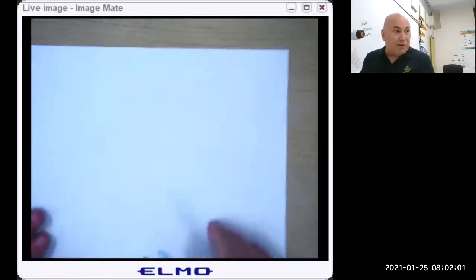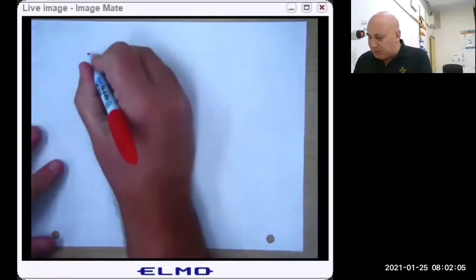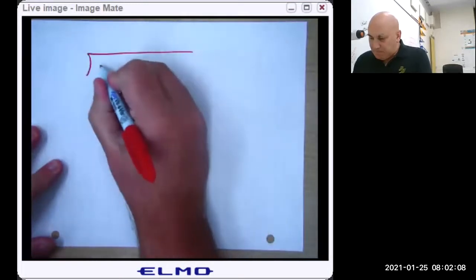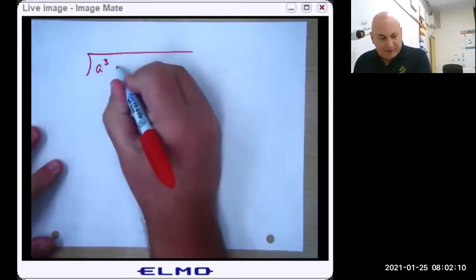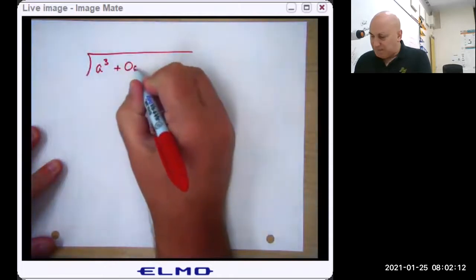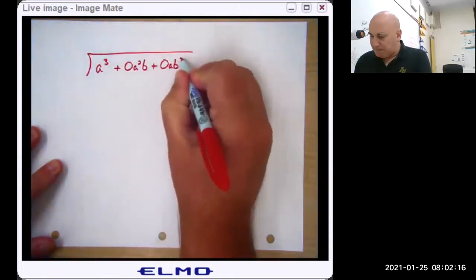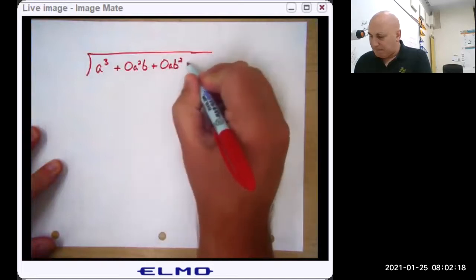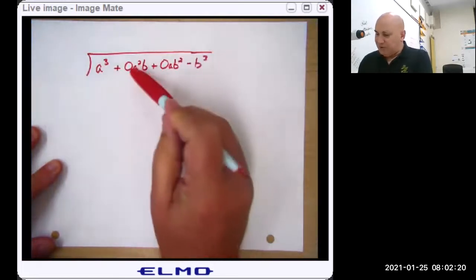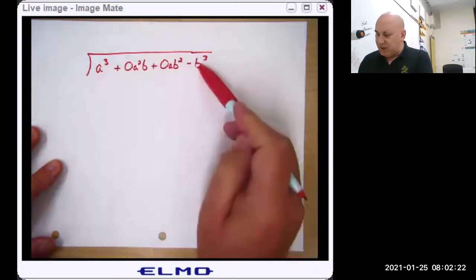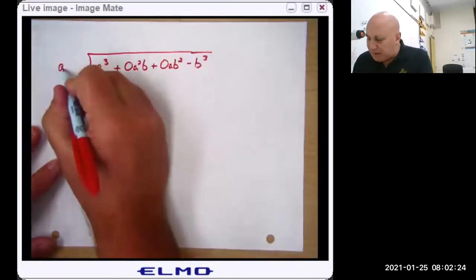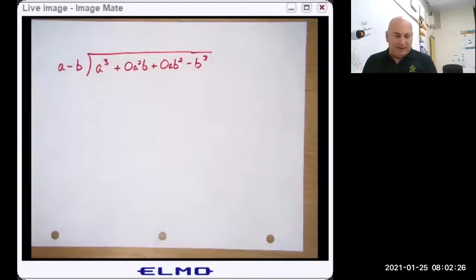Memorize. If, however, you cannot memorize, you can do some polynomial long division. So let's just do a cubed minus b cubed, with coefficients of 0. This is just a cubed minus b cubed. And let's divide it by a minus b.